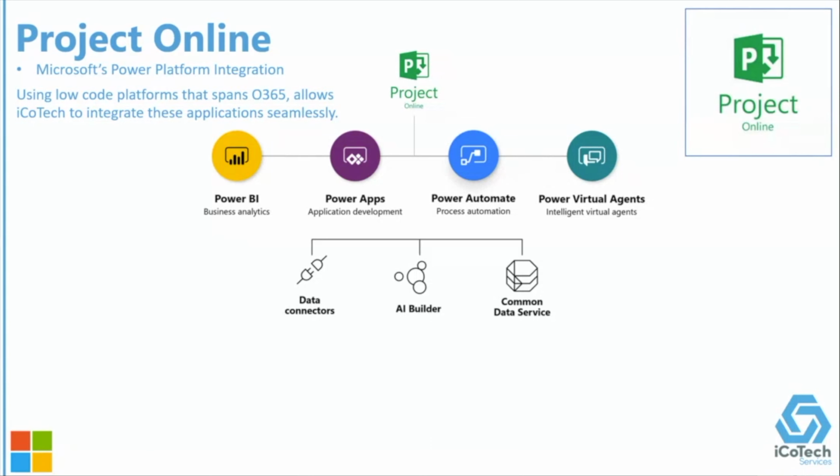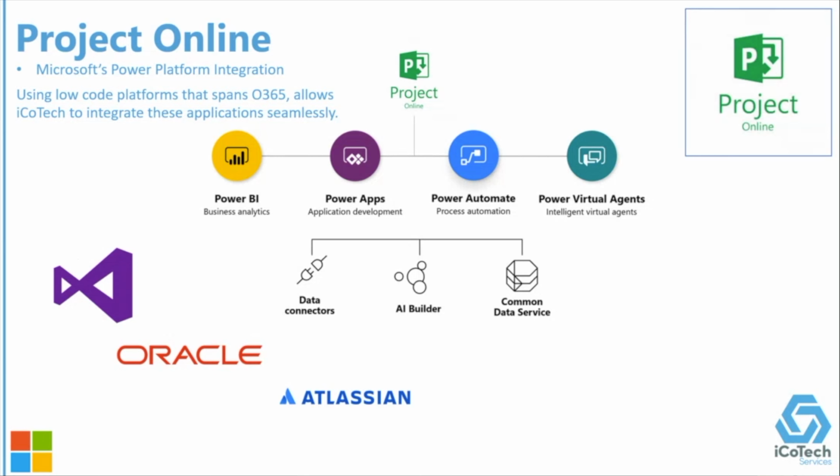All right, just a way of scene setting and coming to the end now. This is all based on the Common Data Platform, the Common Data Service from Microsoft. It is such a powerful tool for AI, predictive analytics, and plugging this into any other product you've got. I talked earlier about there not being one size fits all. We have integrated this with VSTS, with Oracle, with Jira as well.